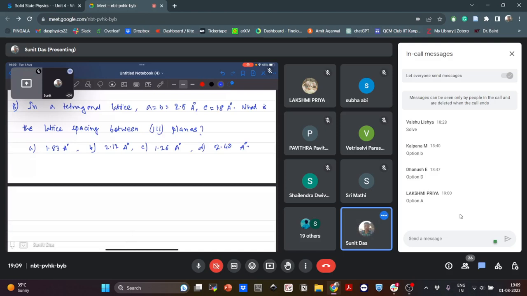So this is basically two adjacent 111 planes. This is an easy question. Try to solve it.